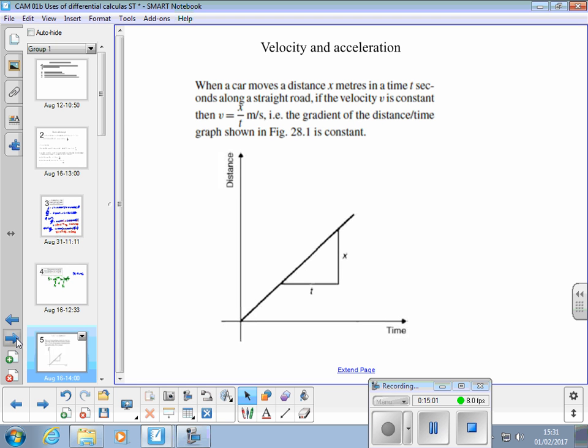We get a straight line, where the distance moved in meters is the y-axis and time t in seconds is the x-axis. So our slope of this graph is in meters per second. Yep, and that's the slope of the gradient, the rate of change of position with time.